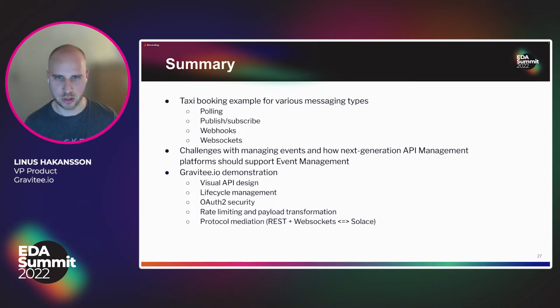We've gone into some level of Gravitee demonstration, looking at how we can visually design APIs, how we can make both async and OpenAPI designs available in a portal for people to consume and discover, how we can manage the life cycle and subscriptions of those. And now we can apply OAuth 2 on top of any protocol like WebSockets and REST to allow those other types of clients to communicate and work in this broker architecture.